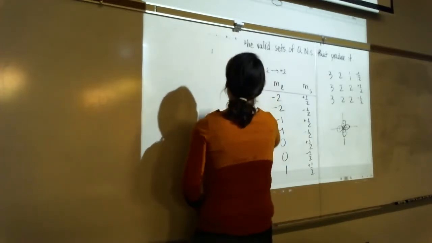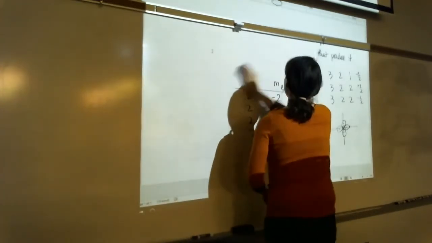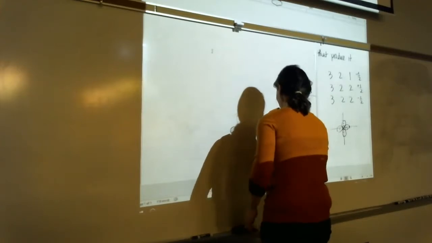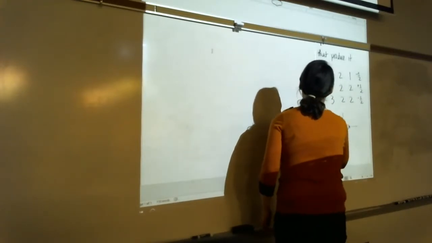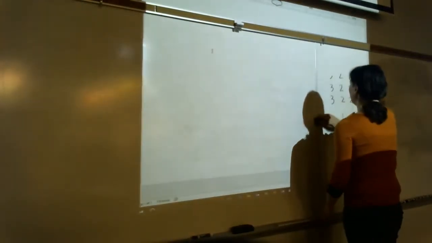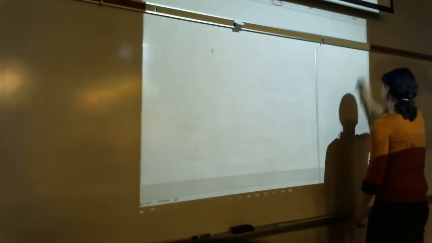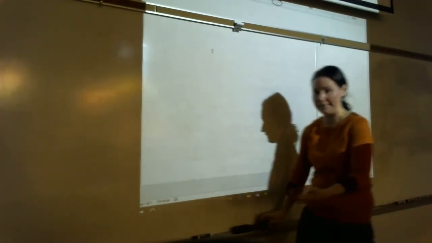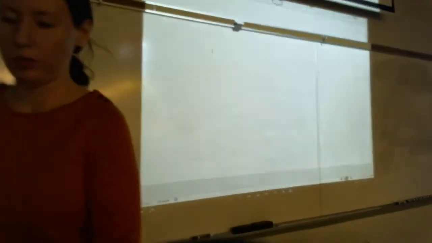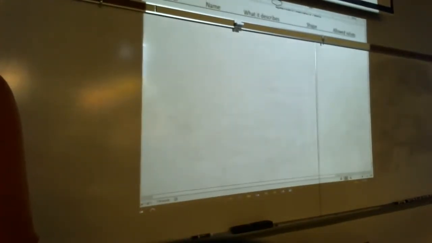For the next part, I'm going to give you a set of quantum numbers, and then you decide if that set exists. Is it allowed? Is it legal? And if so, draw it.